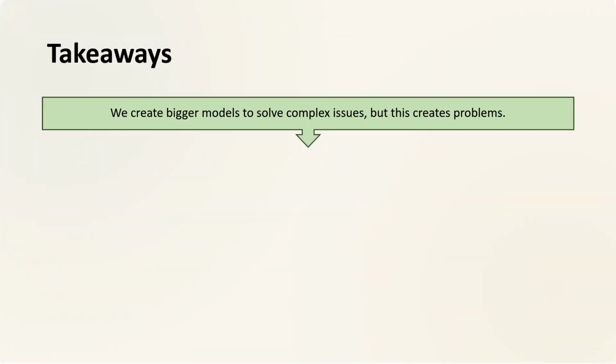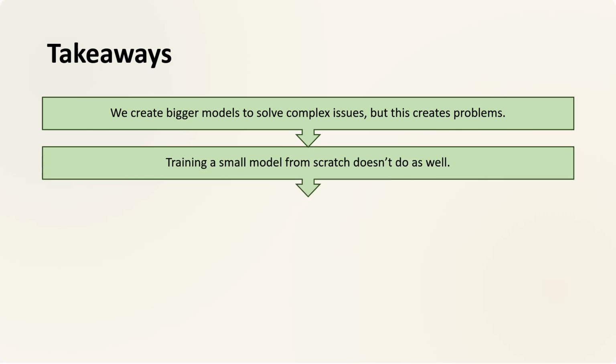And so the main takeaways, as I think of them, are the following. We started by saying that we needed bigger models in order to combat more complex tasks. But using these big models, we have problems with that. We can't just train a small model from scratch because those don't do as well with these problems.